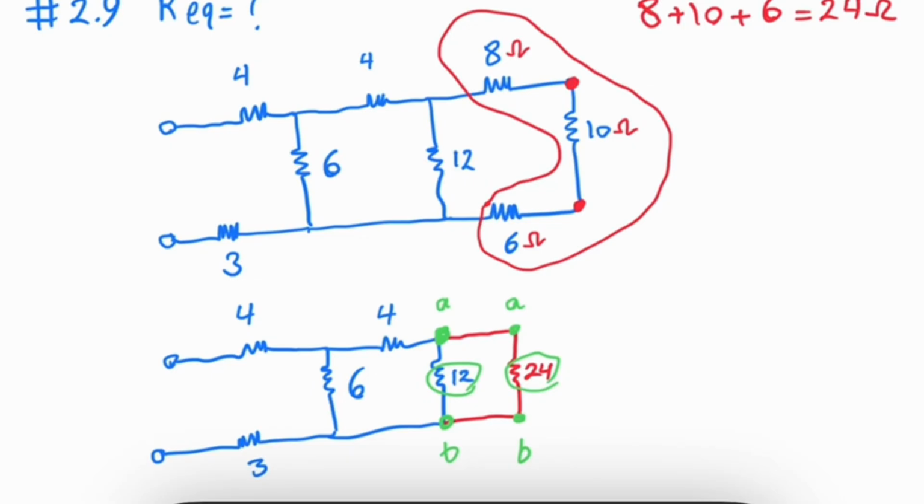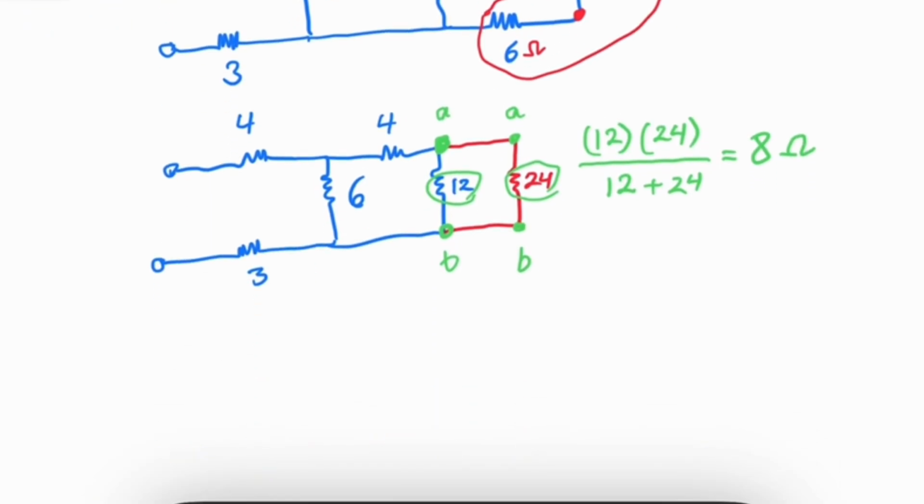Therefore, 12 is parallel to 24. We know that for parallel resistors, we have the product of them over the sum of them, which is 12 times 24 over 12 plus 24. If you calculate, it's going to give you 8 ohm. Now, I can redraw my circuit.